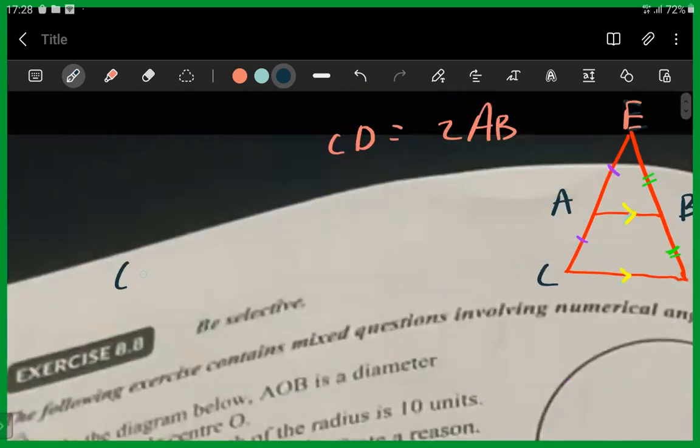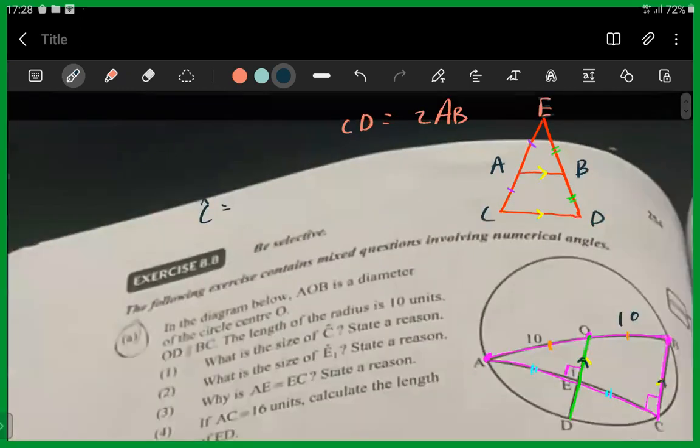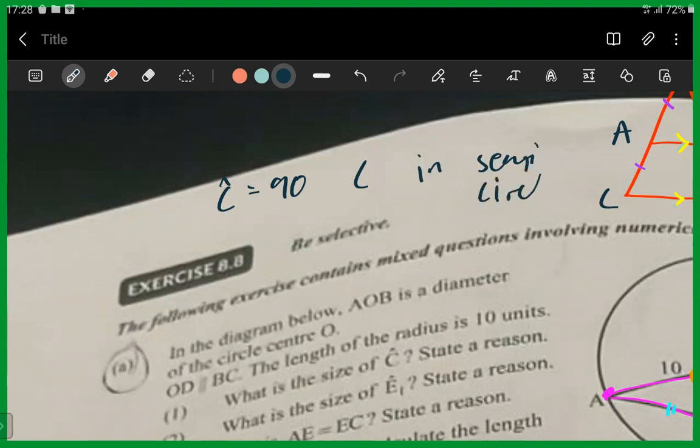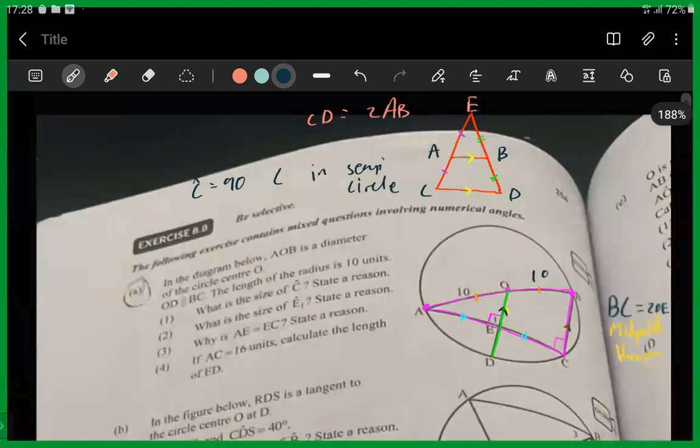So C is equal to 90. You said the reason is angle in semicircle. Yes, right?